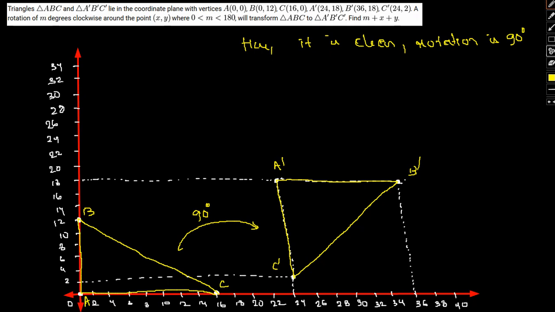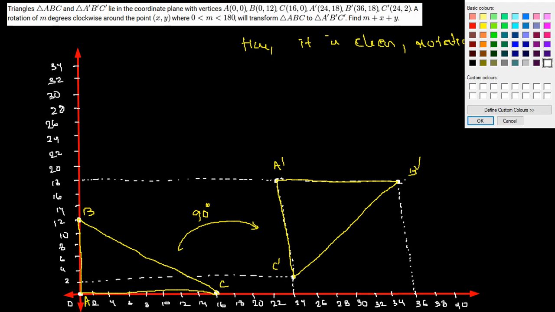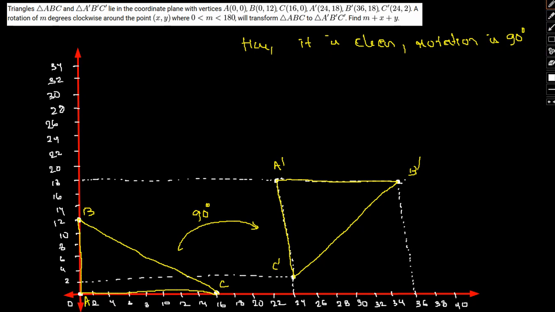Now if I am to find the coordinates of the center, if we compare the points, from 0, 0 we have here 24, 18. So basically x plus y is 18. I'm just considering the change from 0, 0 to this particular point.